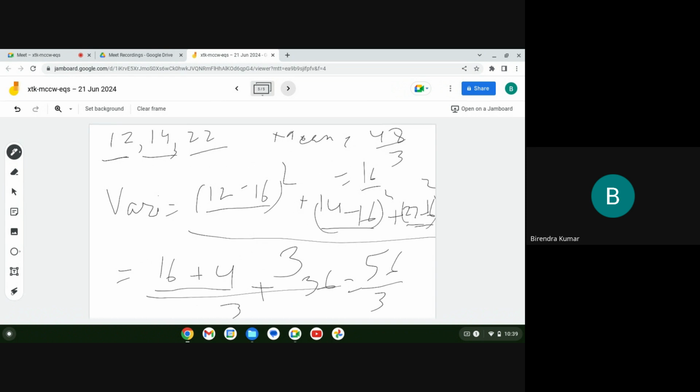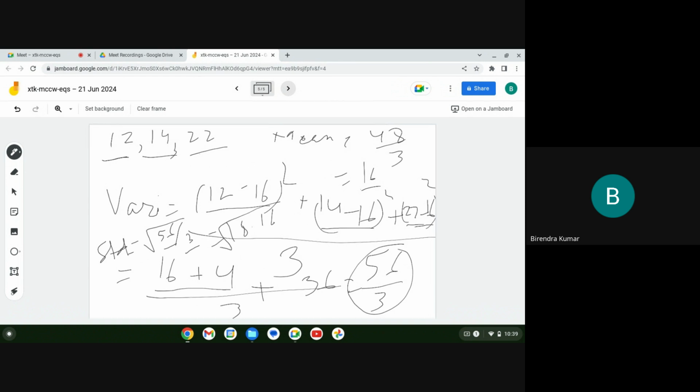Now, standard deviation is nothing but the square root of this value. So 56 by 3 is somewhere around 18, 18.66 or something.